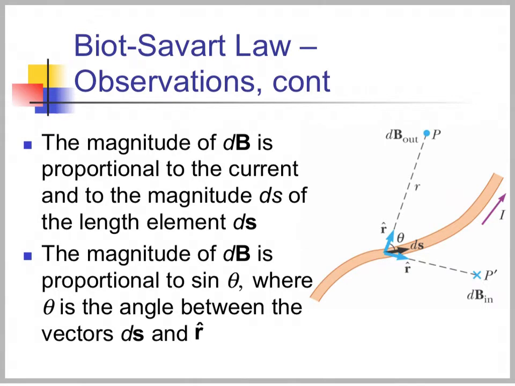The magnitude of dB is also proportional to the current and to the magnitude of the length element ds. And the magnitude dB was also found to be proportional to sine theta, where theta was the angle between the vectors ds and r.